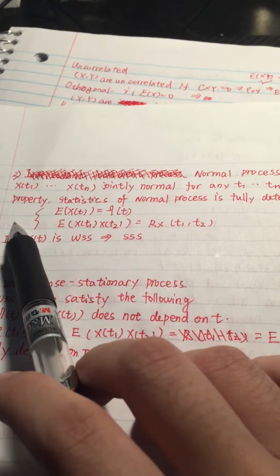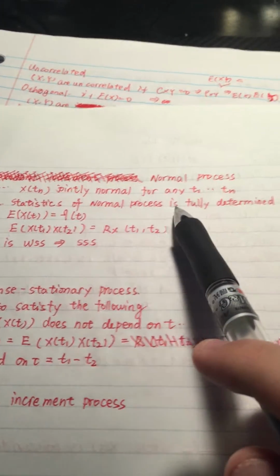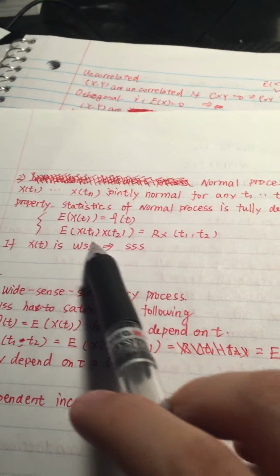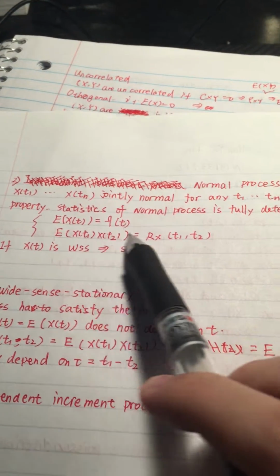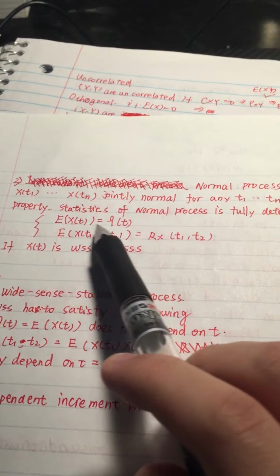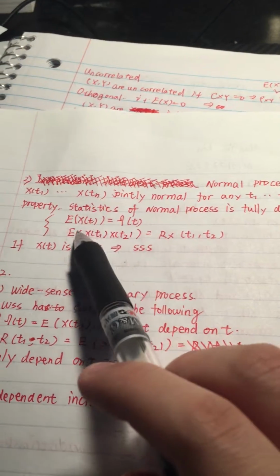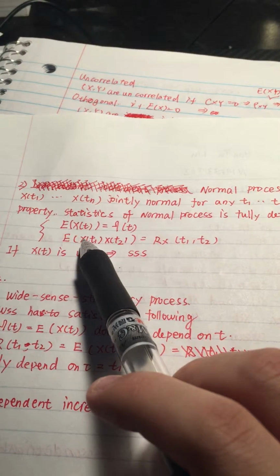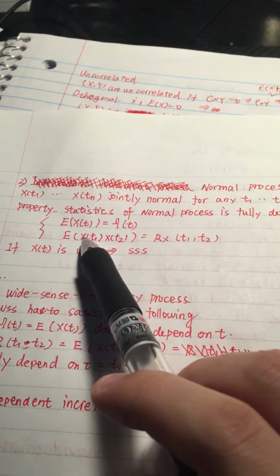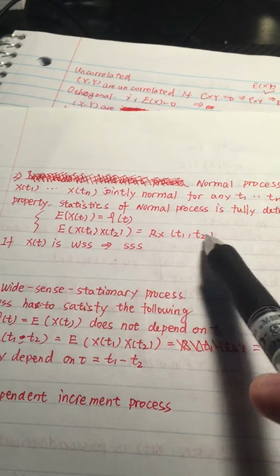The property of a normal process is that its statistics are fully determined by these two quantities. The first is the expectation, and the second is the autocorrelation R(t1, t2).